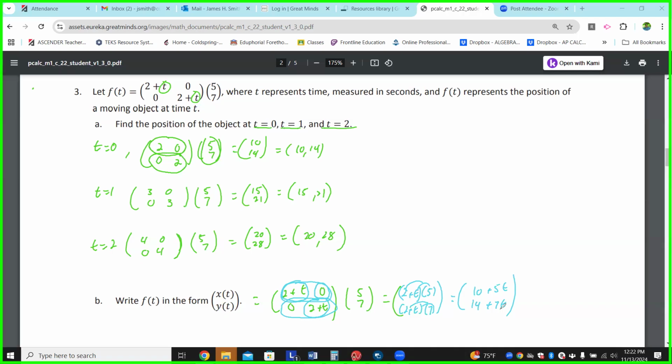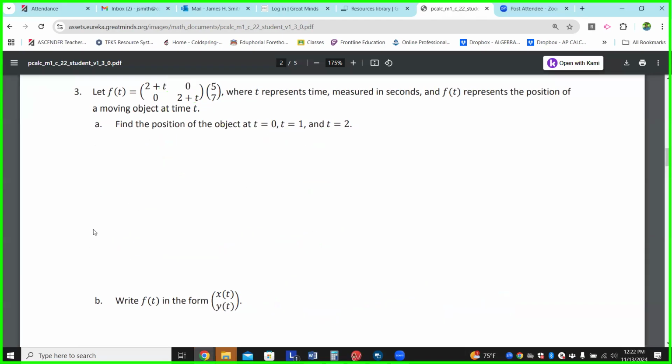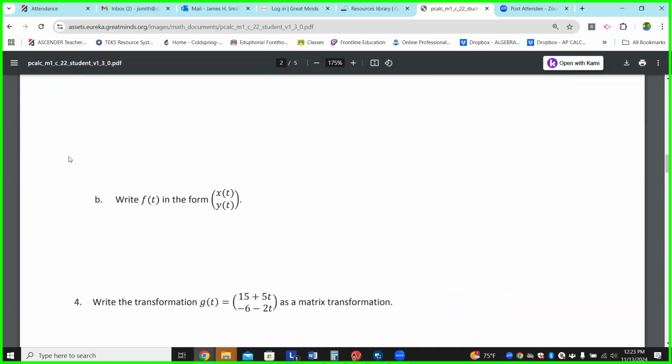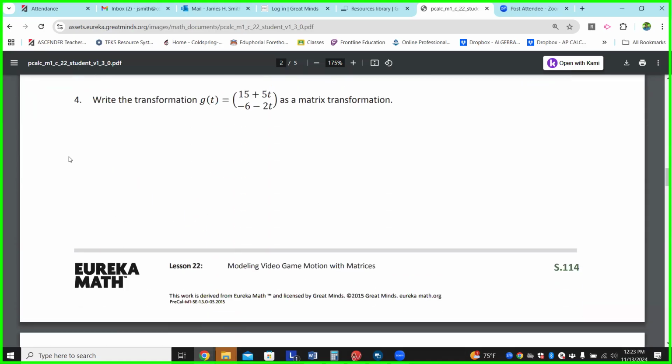Now we established this so that when we look at part 4 here, it wants me to now write this transformation as a matrix transformation, meaning have the 2 by 2 and the 2 by 1.